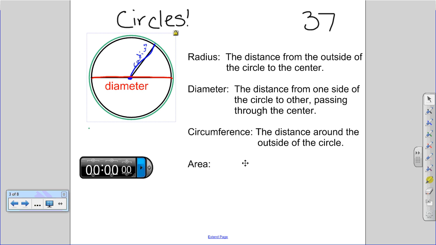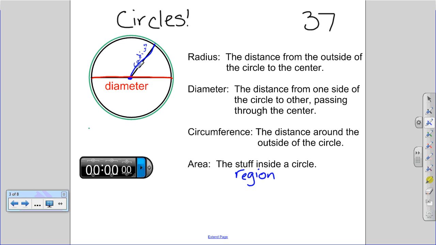Alright, and the last thing, area, is just the stuff inside. Nice and simple. Hasn't changed. Area is always the stuff on the inside. I say stuff. If you want the more technical word, you could say the region inside a circle, which is a more accurate definition, but I think at the 7th grade level, stuff works just fine.